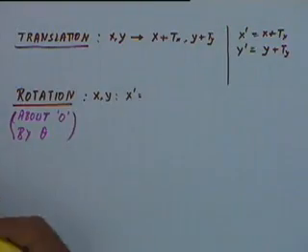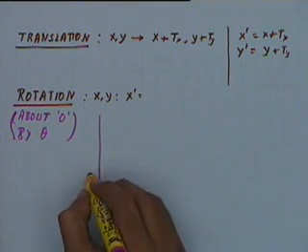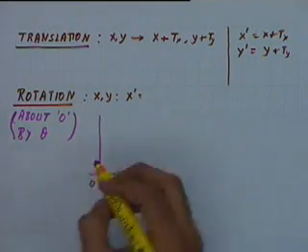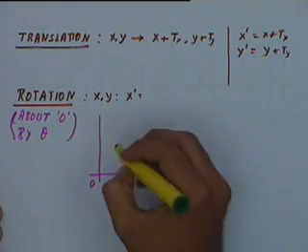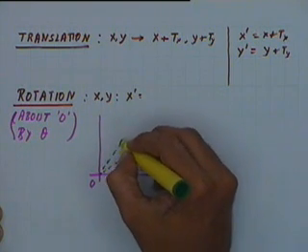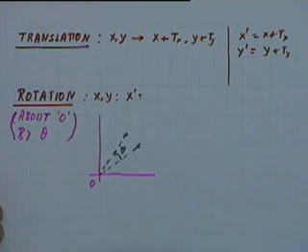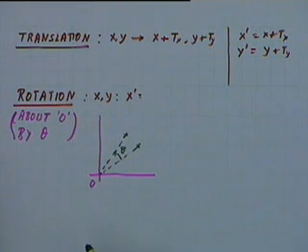This is my origin O and we have a point here. We want to rotate this point about the origin by an angle of theta. Theta is defined to be positive in the counterclockwise direction.